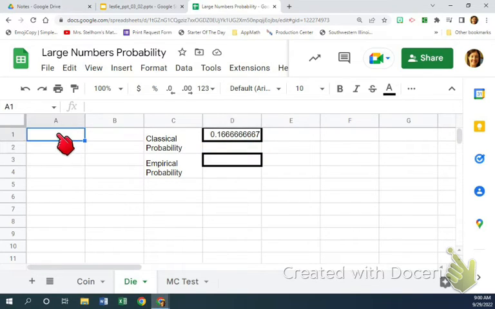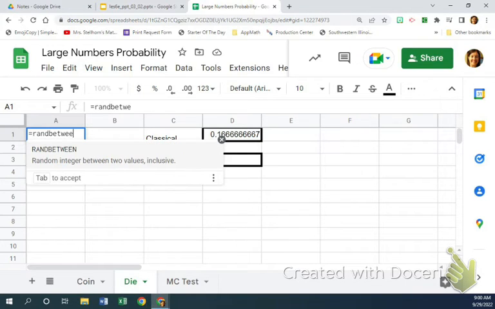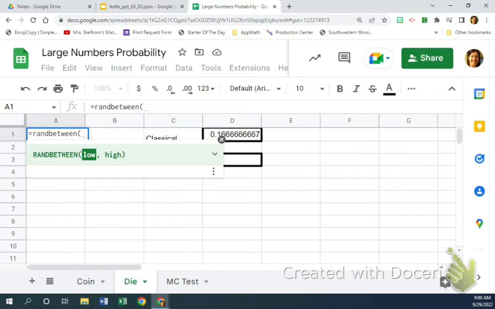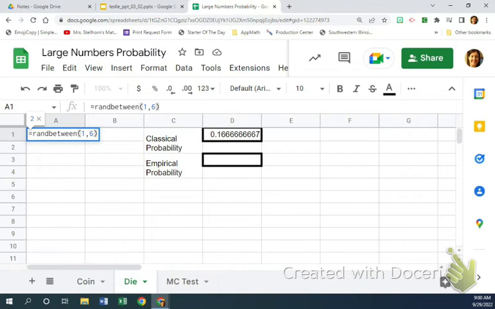All right, we're going to repeat the process. We're going to use an A1 cell, equals RANDBETWEEN, open parenthesis. The lowest value on a die is 1, and the highest is a 6. And I'm going to hit enter. My dice rolled a 1. Oh, how ironic. I got it too. Okay, so we're all over the place, but I'm going to repeat this to 100.